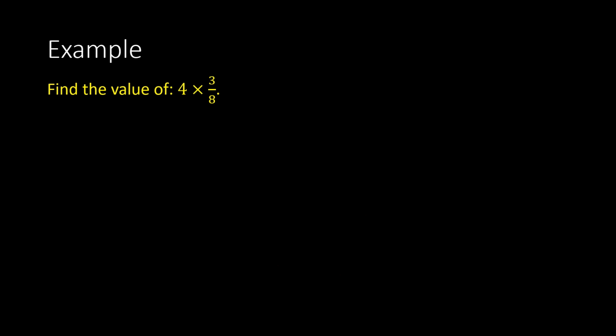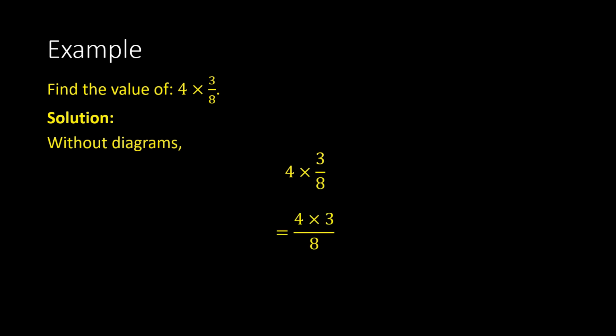If we would like to carry this out without diagrams, multiply the whole number by the numerator of the fraction, as shown, and leave the denominator alone to give 12 over 8.